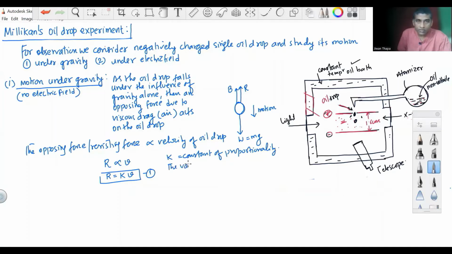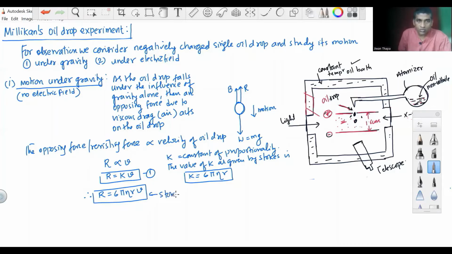The value of K as given by Stokes is K equals 6 pi eta r. Therefore, resisting force R equals 6 pi eta r V. And this equation is called Stokes' law.